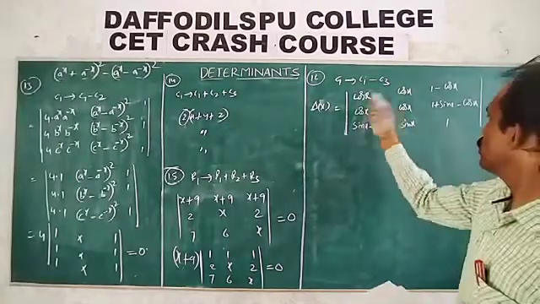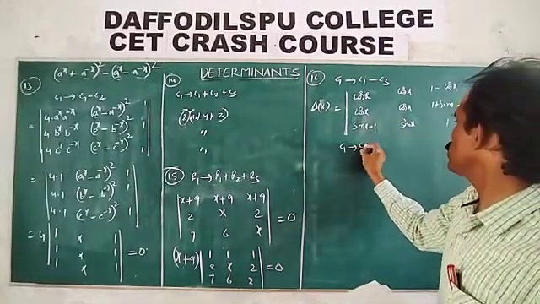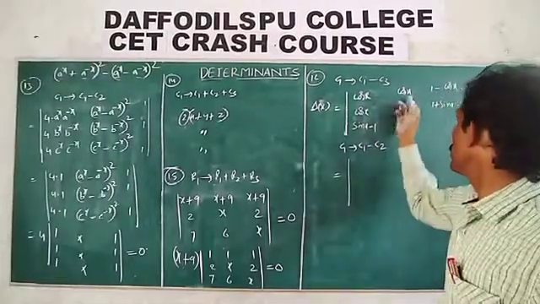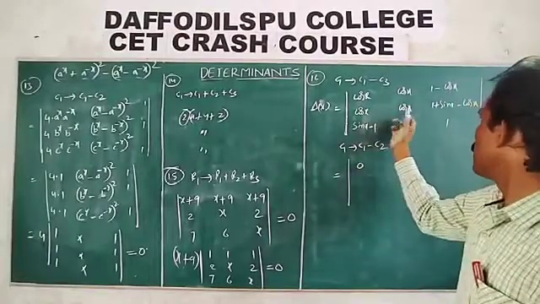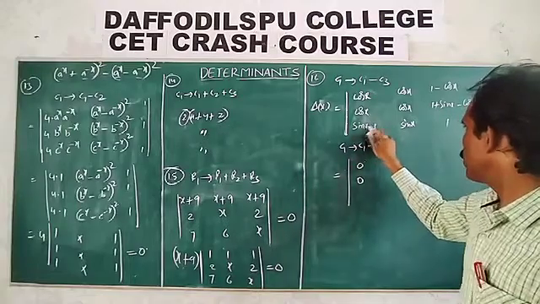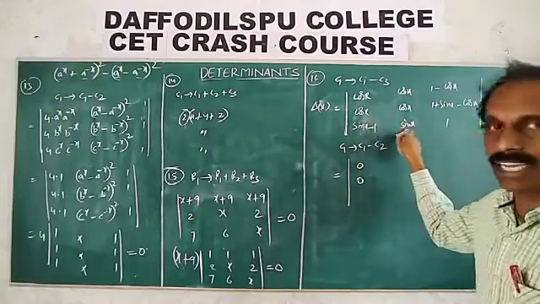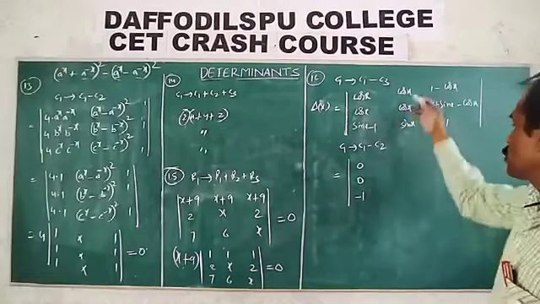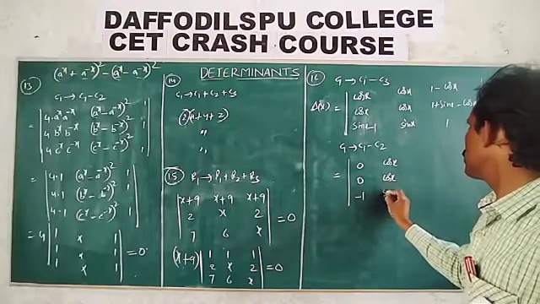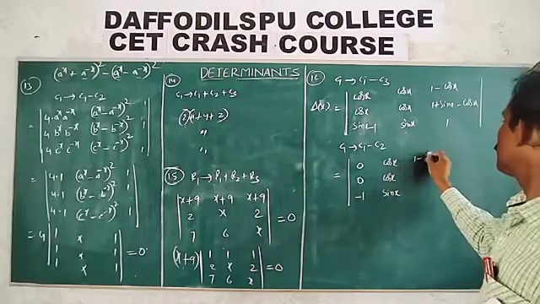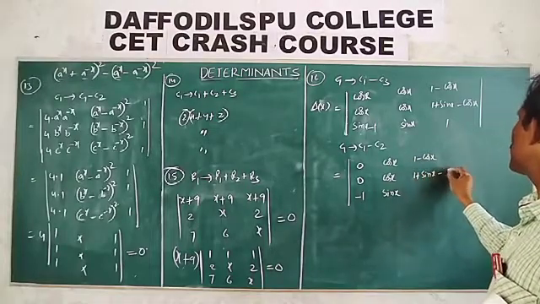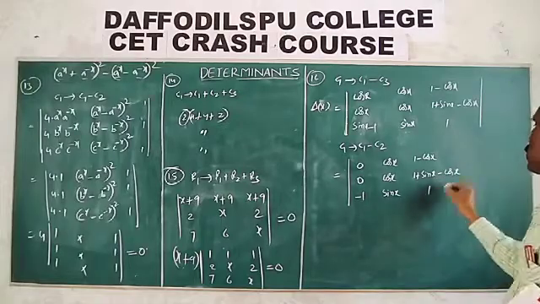Okay, now make these two zero. So apply C1 gives C1 minus C2. These two become zeros. Sin x minus 1 minus sin x, so sin x cancels, and the resultant answer is minus 1. The remaining values are cos x, sin x, 1 minus cos x, 1 plus sin x, minus cos x, 1.